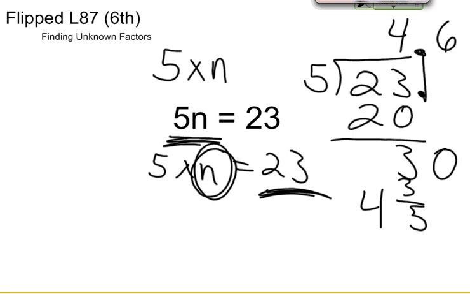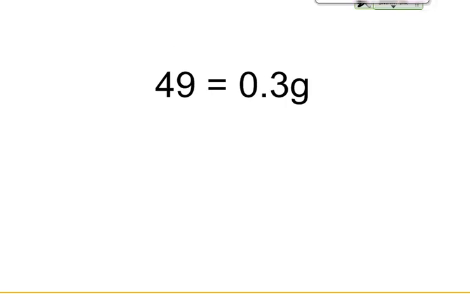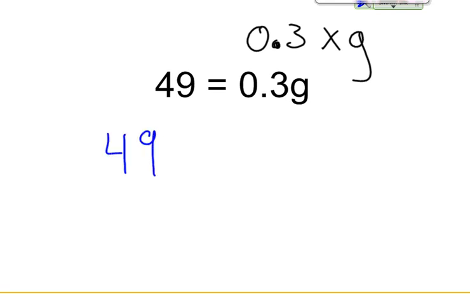Let's try another one. All right, this one says 49 equals 0.3g. Once again, we understand that this 0.3 is really times g. And so in the end, once again, it's a multiplication, and we're going to solve this problem. So we're going to take 49, that's our product, and we're going to divide by 0.3. Because really we're looking for g.